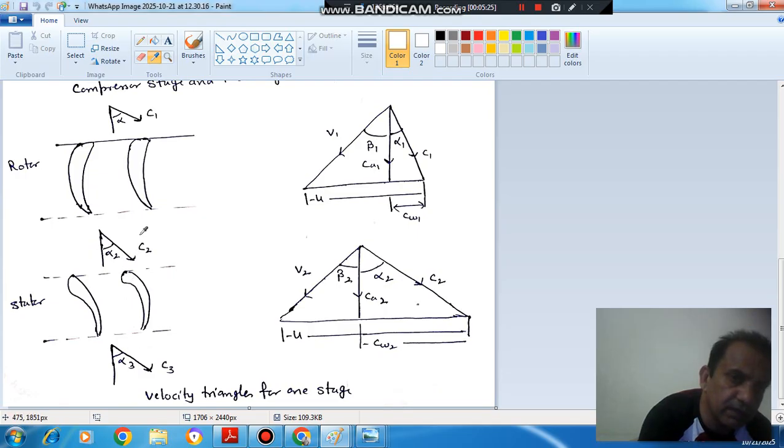C3 and alpha 3 are equal to C1 and alpha 1 because the air has to enter the next stage in the same way as it entered the first stage. Okay. So these are the velocity components.